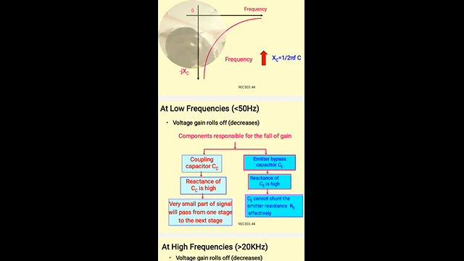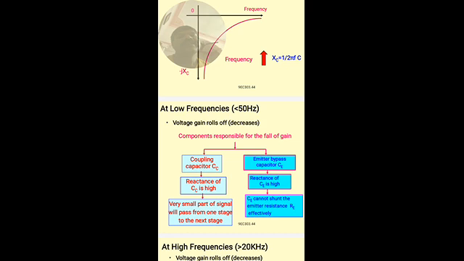So only a very small part of the signal passes from one stage to the next stage through the coupling capacitor for amplification. So the amplified signal is very small, and also the emitter bypass capacitor cannot shunt the emitter resistance RE effectively, so we have more drop across RE. That is also going to decrease the gain of the amplifier.